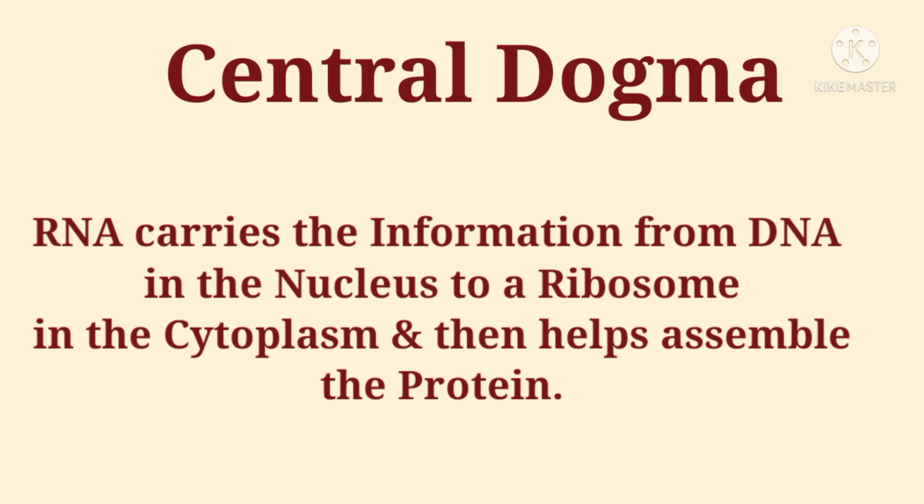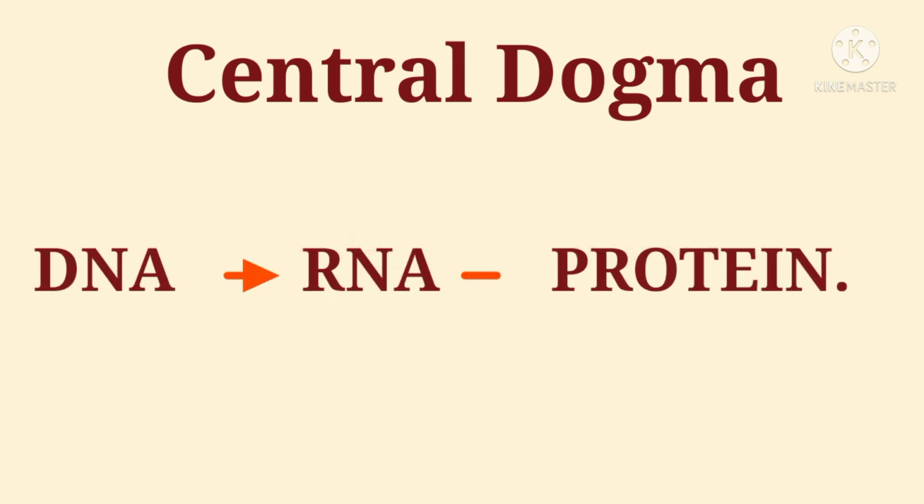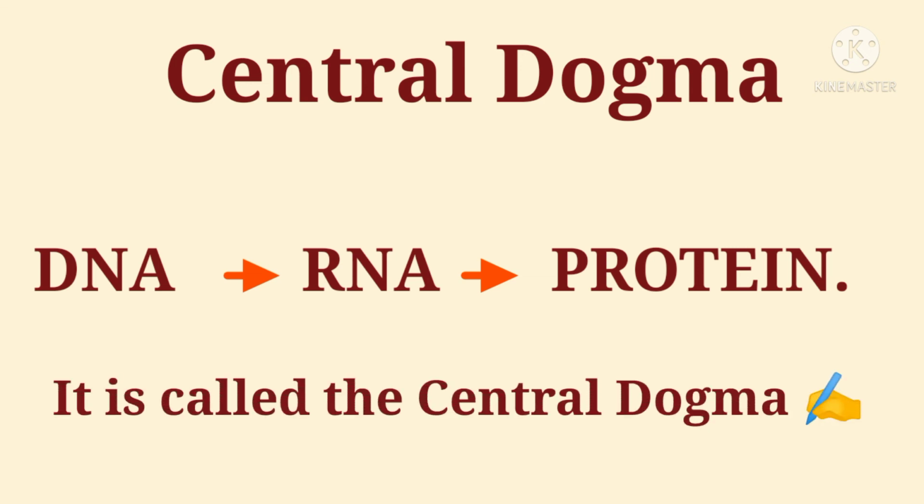It is often stated as DNA makes RNA and RNA makes protein. Discovering this sequence of events was a major milestone in molecular biology. It is called the central dogma of molecular biology.